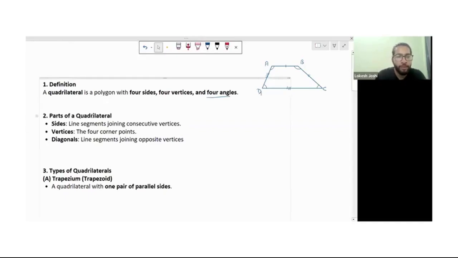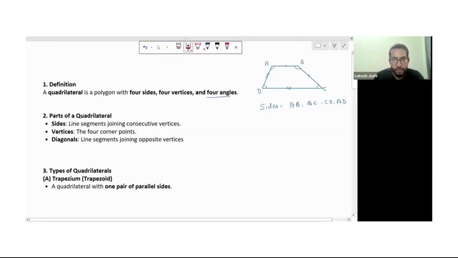Now we have some parts in the quadrilateral which we have already defined. Like first of all, its sides. The sides of this quadrilateral are AB, BC, CD, and AD. So there are four sides in this quadrilateral, or in every quadrilateral.